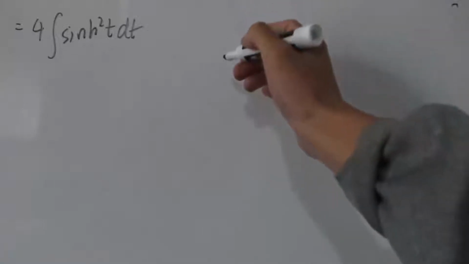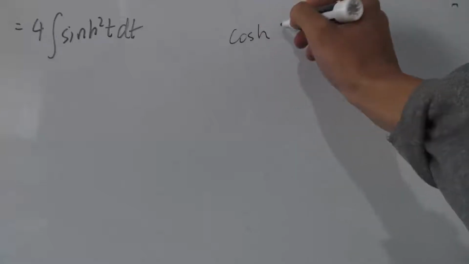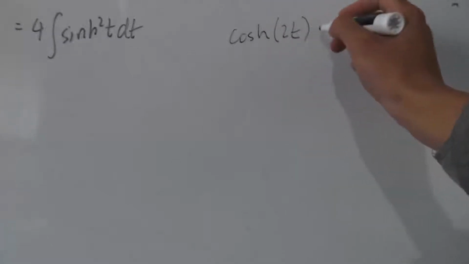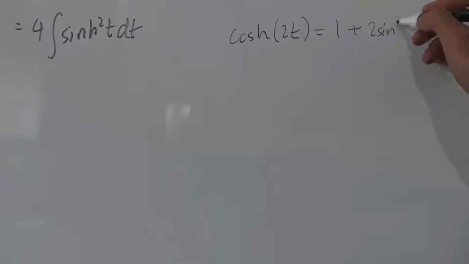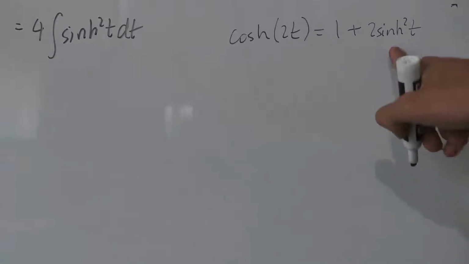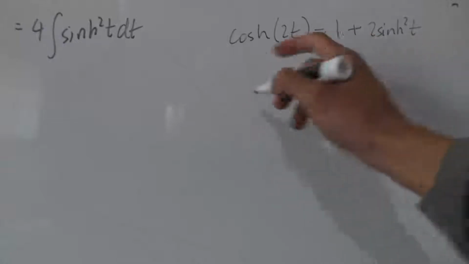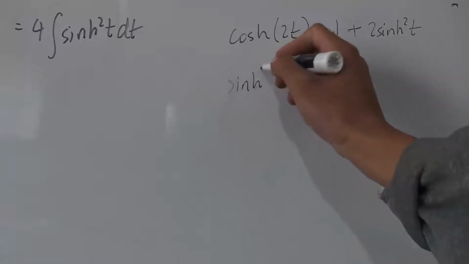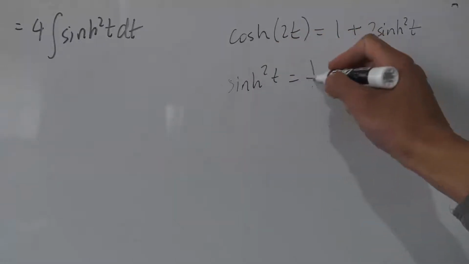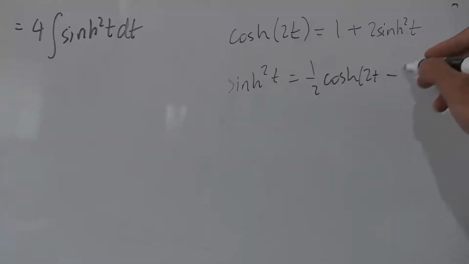So we're going to use the cosh double angle identity. So if you have cosh of, say, 2t, that's just equal to 1 plus 2 times sinh squared of t. Alright, so now if you isolate this sinh squared, so subtract 1 on both sides, divide it by 2, you're going to get sinh squared of t is the same as 1/2 cosh of 2t minus 1/2.